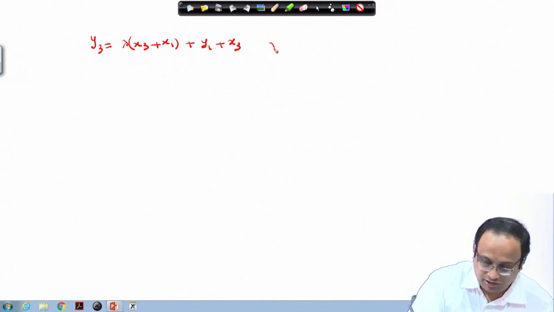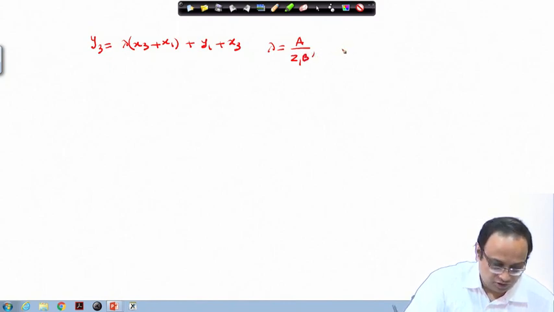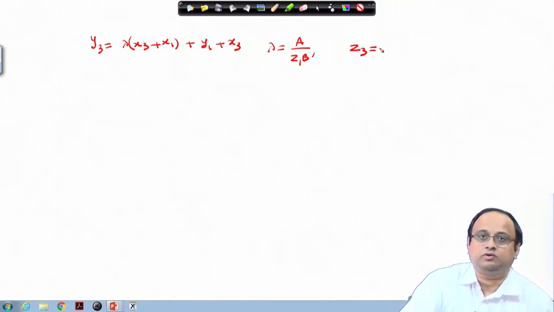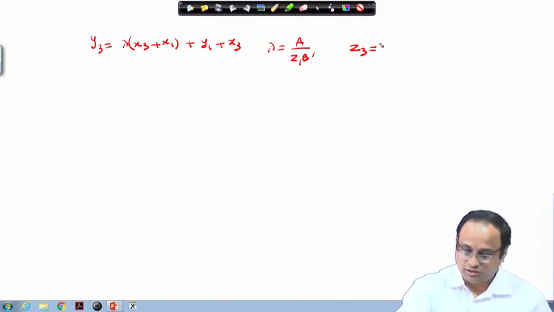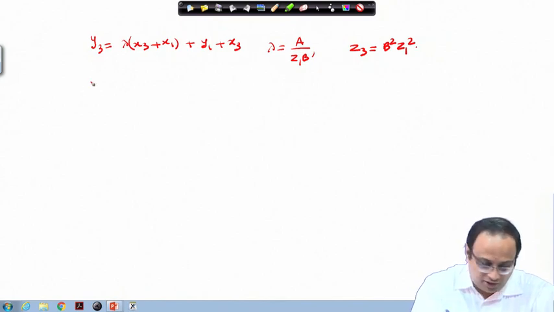Okay. And we derived that lambda, which we wrote in a compact format, was a by z1b. Okay. And also we had seen that z3, when we derived the equation for x, was equal to b square z1 square. Okay. So, therefore, now we can write y3 in a similar way.